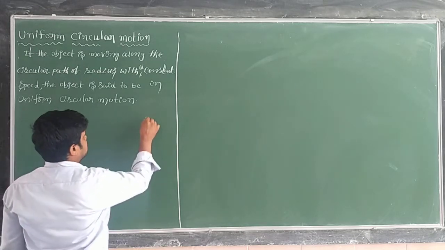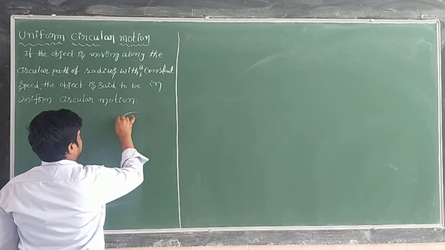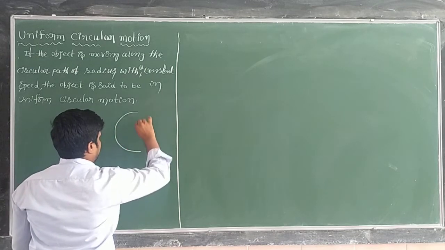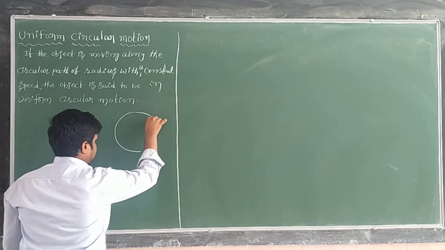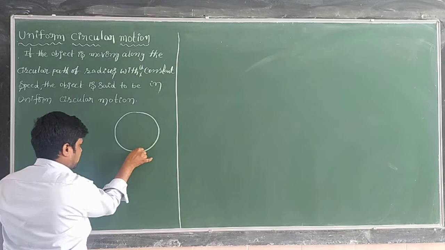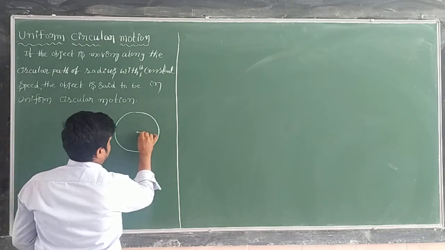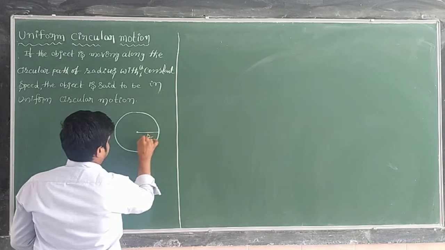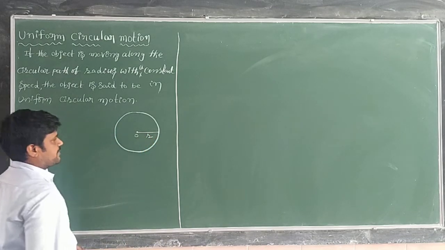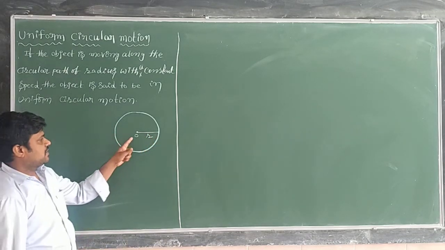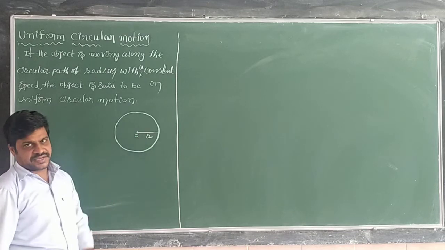This is one circular path of radius r. This is the origin, the center of the circular path, and this is the radius of the circular path.